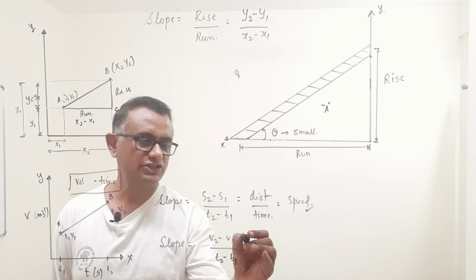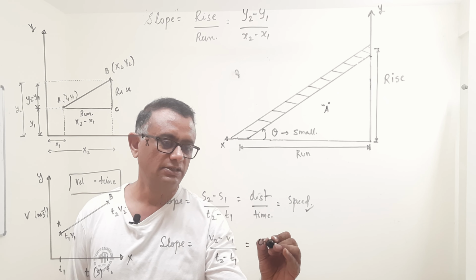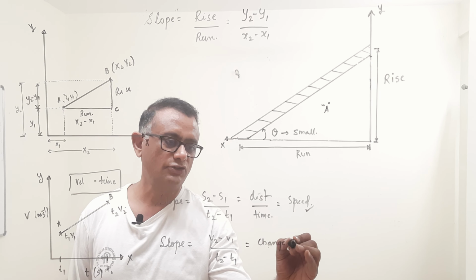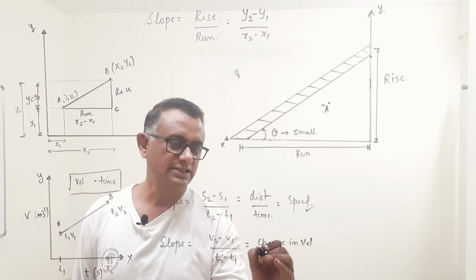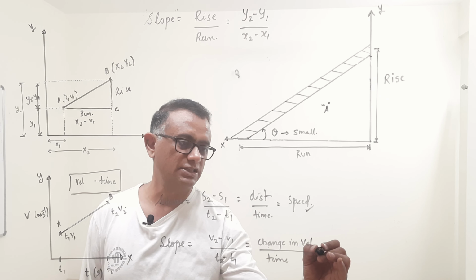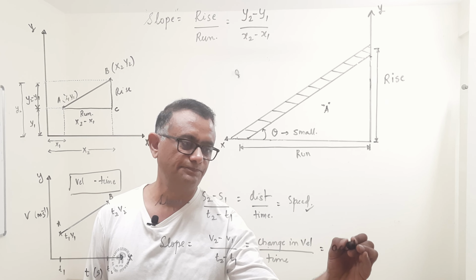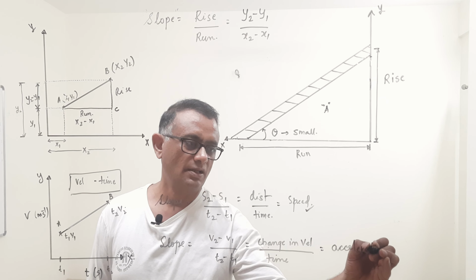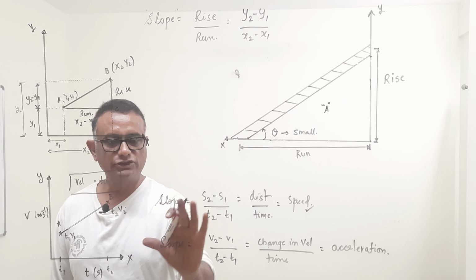So v2 minus v1 is change in velocity, isn't it? So this is change in velocity over time, and yes, most of you have got it right. Change in velocity over time is nothing but acceleration. Okay, so the concept of the slope is the same.